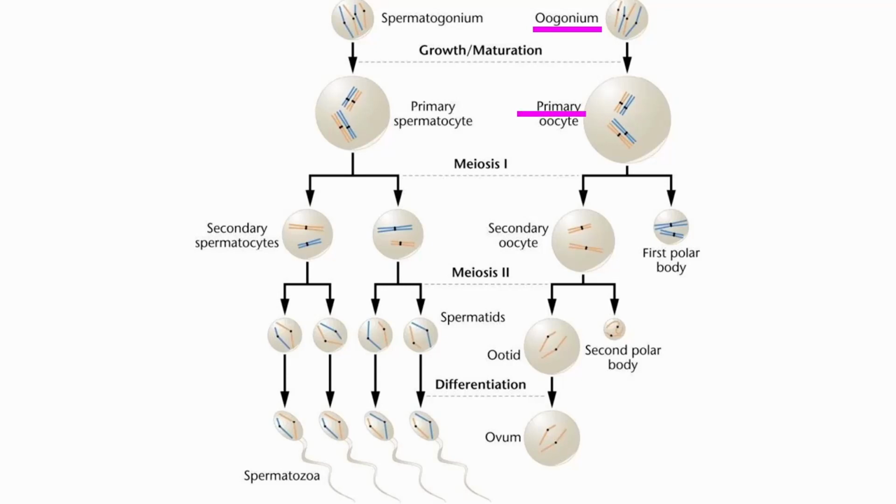It is called primary oocyte. This primary oocyte, which is 2N, having full set of chromosomes, meiosis 1 is going to start here, and meiosis 1 is going to stop at prophase.